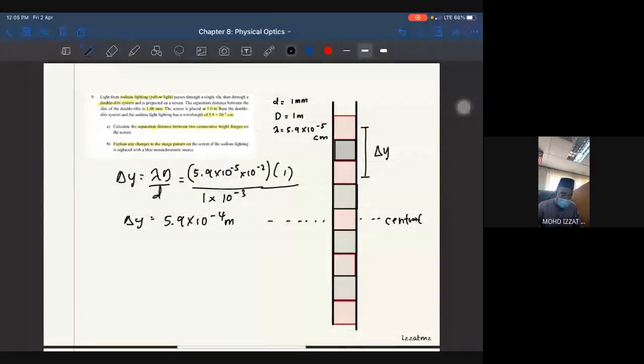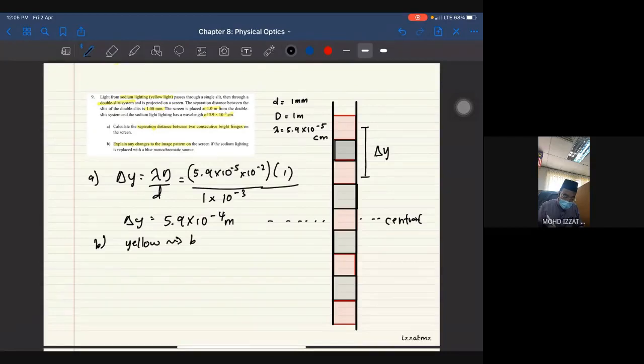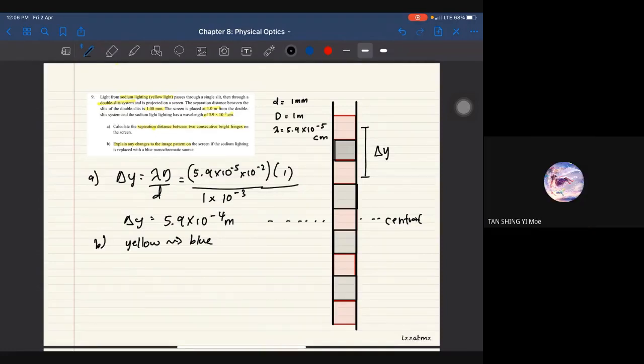And then, explain any change to the image on the screen if the sodium lighting is replaced with a blue monochromatic source. So, dia asalnya ada yellow, bertukar jadi blue. Apa yang berubah bila kamu tukar? Wavelength. Wavelength, good. Okay.